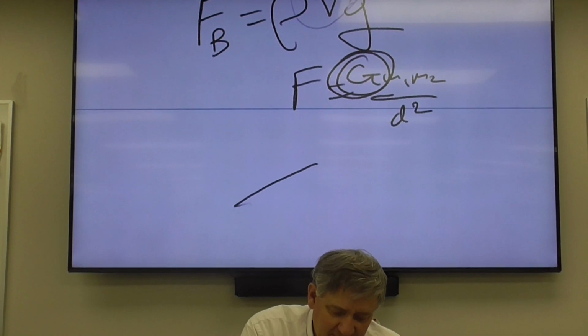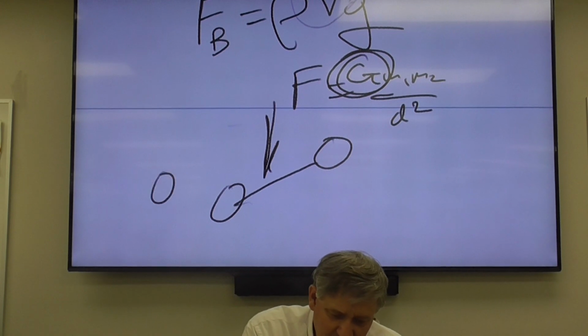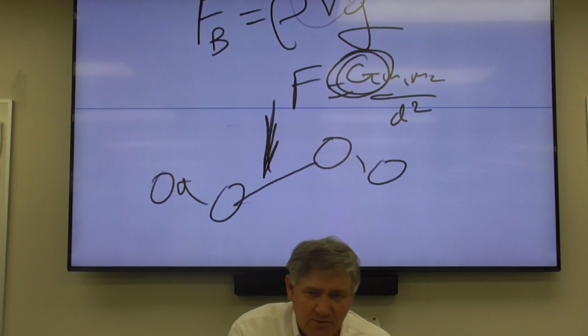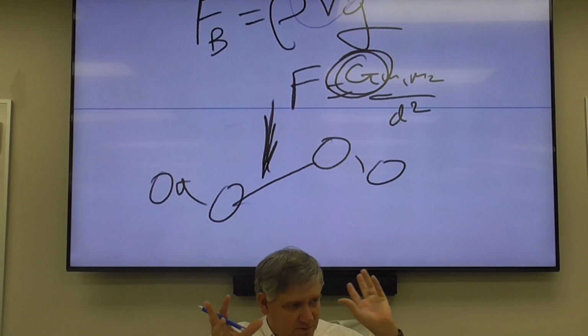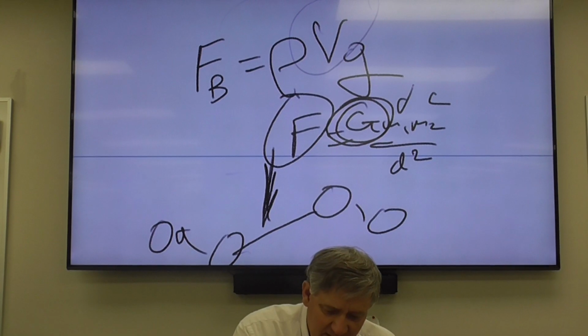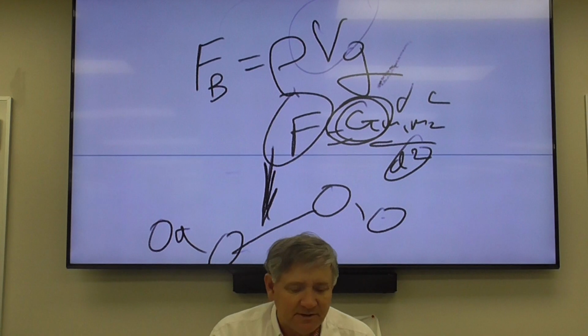If you remember, he had like two large lead spheres, and they were on a torsion wire. And then he had some other spheres nearby, and he knew how much force it took to twist the torsion wire. So he knew the force, and he knew the masses, and he knew how far apart they were. So he was able to solve for big G.